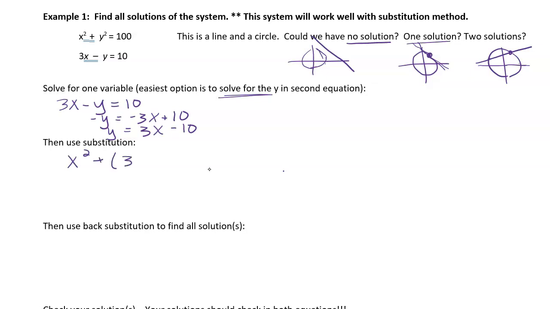So I'm going to take the y out, put in the 3x minus 10, and then I'm going to simplify this down. Since I'm now down to just one variable, just x's, I can go ahead and solve for x.